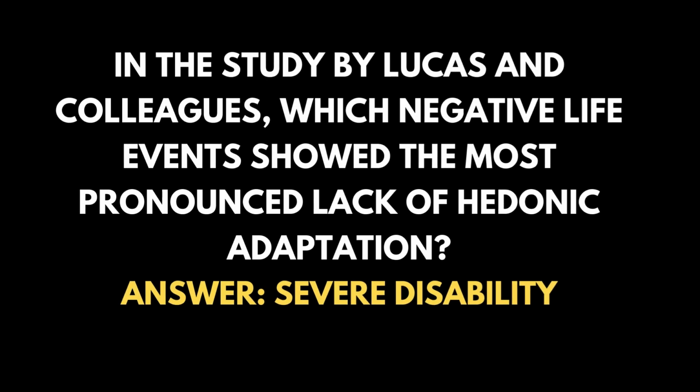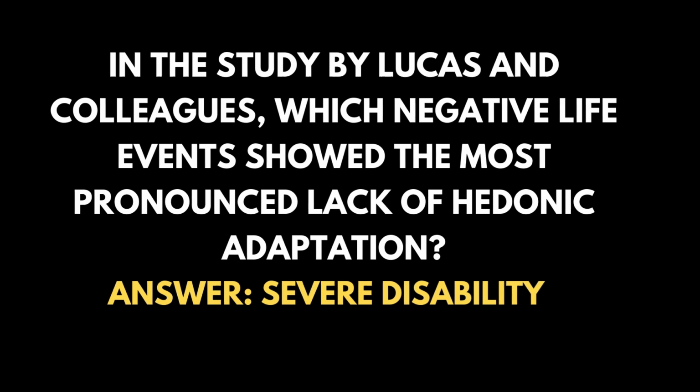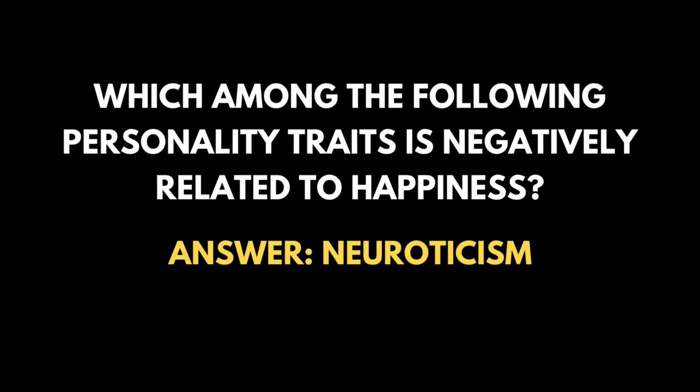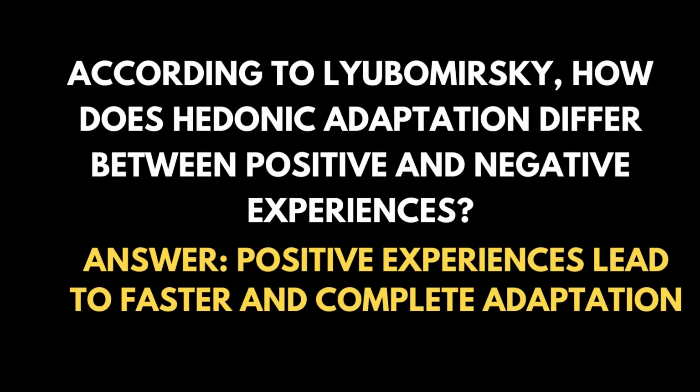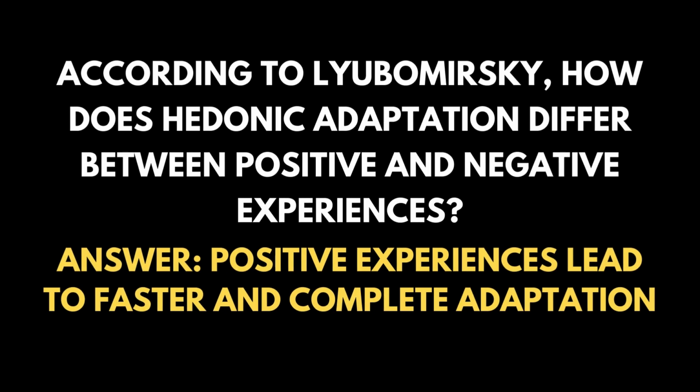In the study by Lucas and colleagues, which negative life events showed the most pronounced lack of hedonic adaptation? Severe disability. Which among the following personality traits is negatively related to happiness? Neuroticism.